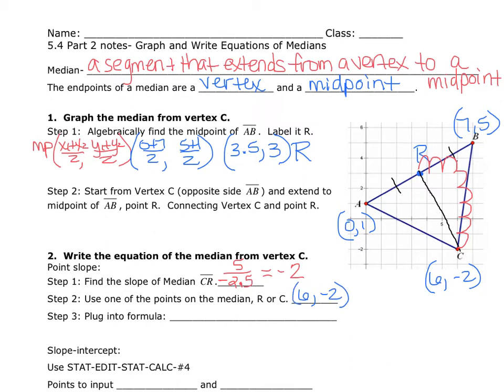Again, if you don't remember what it is, it's y minus y1 is equal to the slope times x minus x1, where the x1 and the y1 is the ordered pair that your line is going through. So remember, that's why you can use any point. So y minus the y, it's a double negative, becomes positive, times the slope, x minus the x, you're finished.